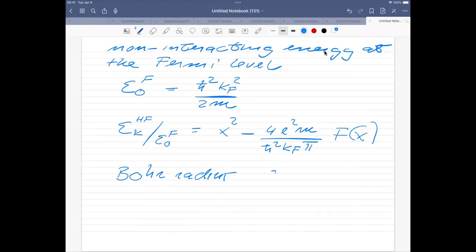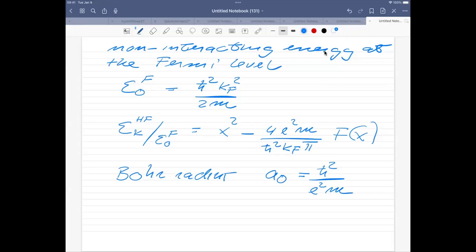So the Bohr radius is written as a0, and it is given in terms of natural constants: h bar squared divided by m e squared. If these are electrons, then the mass here is the mass of the electrons. So that sets a natural length scale for atomic systems.